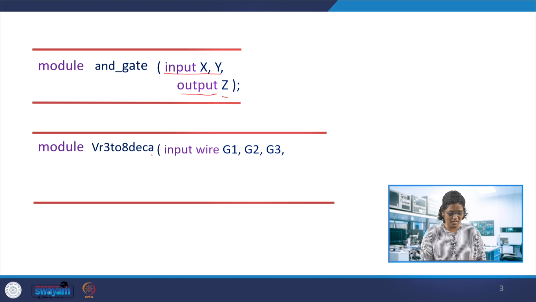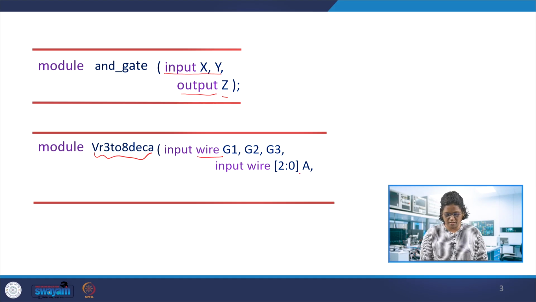So if we take another example, wherein VR328 DECA, that DECA is a module name. Module name should start with a letter, and it can have numbers and underscore and dollar and so on. So the input wire, the wire declaration also can be merged with this in the port name G1, G2, G3. All of them are inputs, and net type is wire, and the input wire again can be multi-bit also.